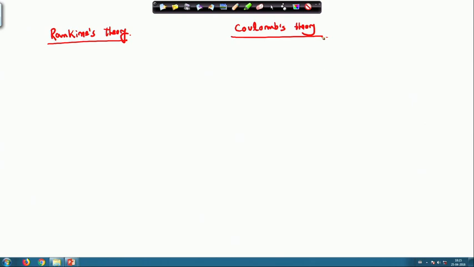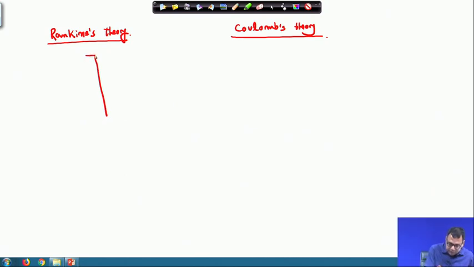Okay. So, I am considering a similar type of wall for both the cases.